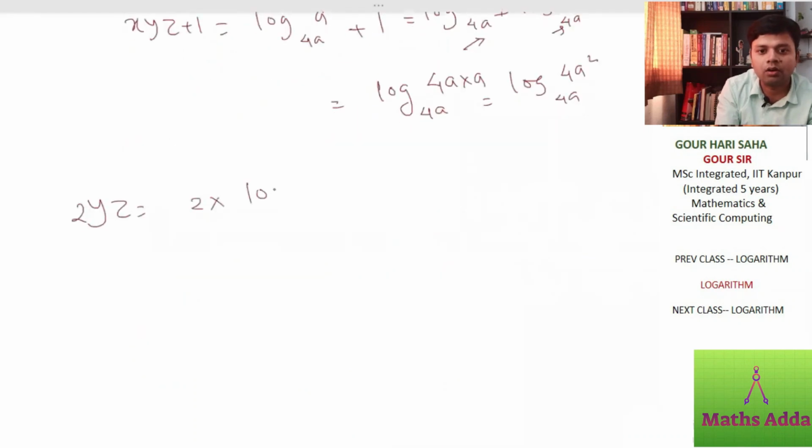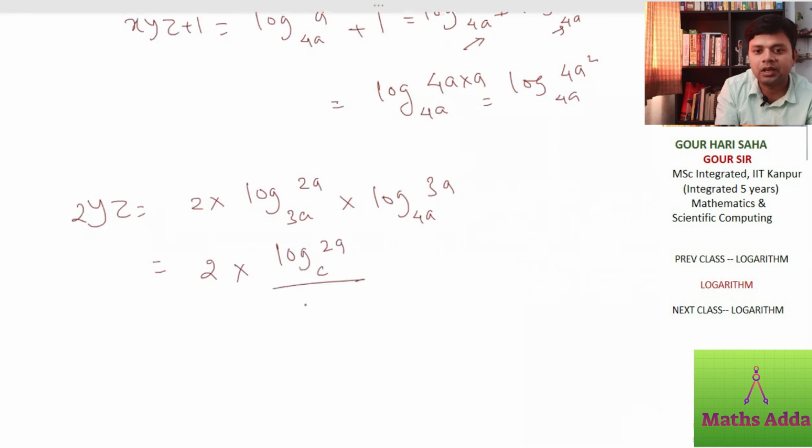2y is log of 2a base 3a, and this is log of 3a base 4a, right? So you got the idea, base change: it will become log of 2a base c by log of 3a base c, and this becomes log of 3a base c by log of 4a base c.